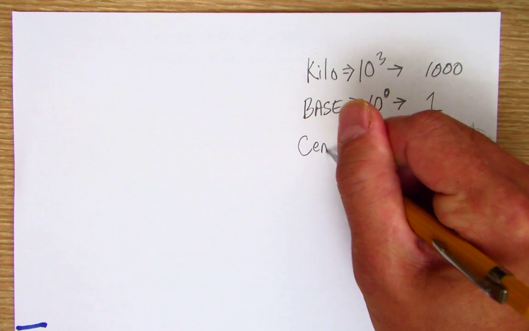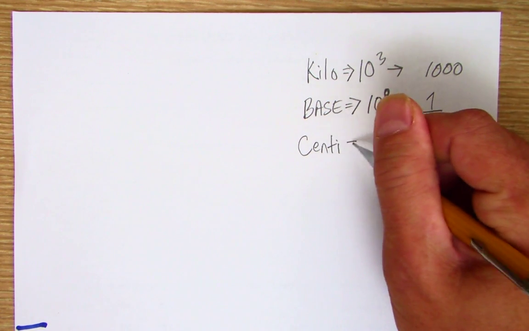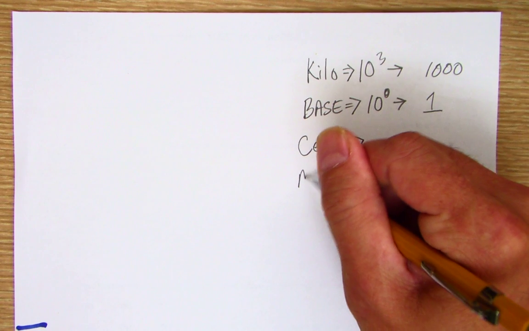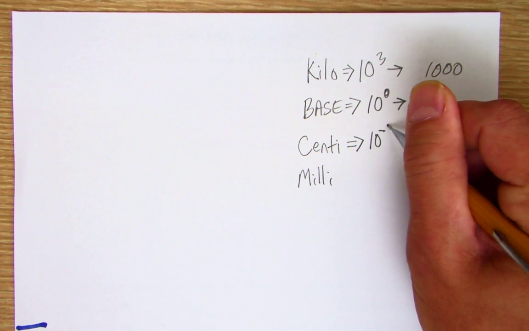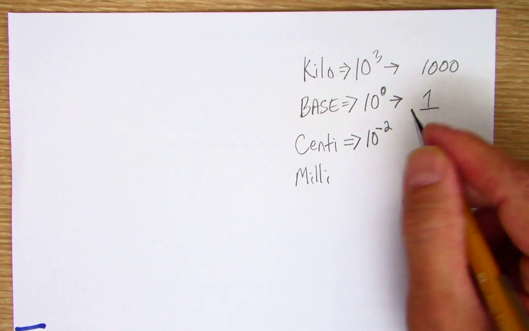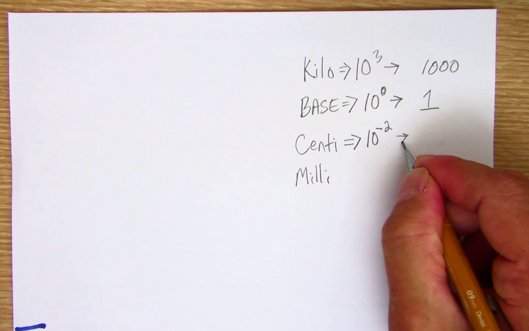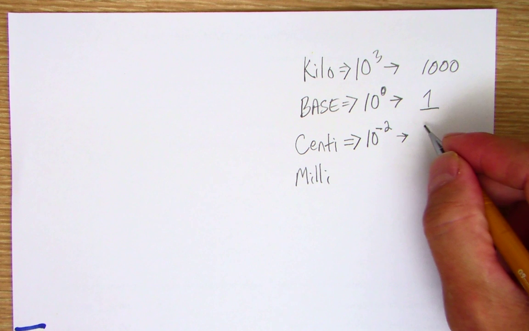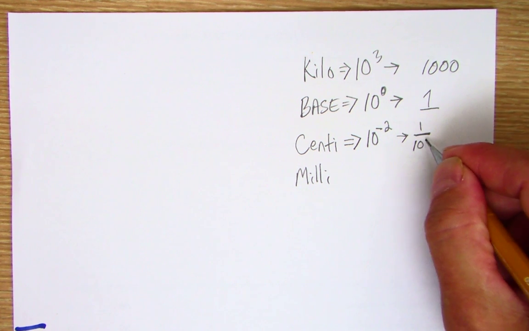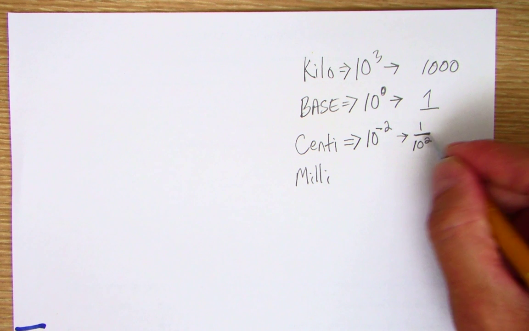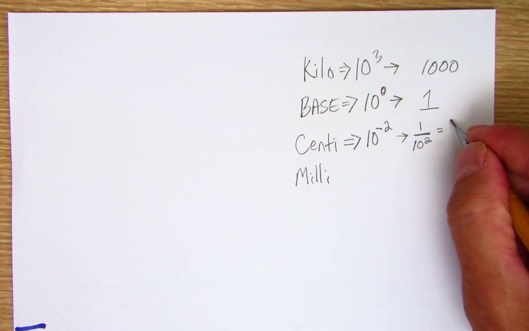And then our final two that we need to know are centi and milli. Okay? So a centi is 10 to the negative 2. And you might be like, negative 2? What is that? Well, when you have something that's negative 2, we just put a little fancy 1 over top of it, and it becomes positive. It's 1 over 10 to the second, which is 1/100th.